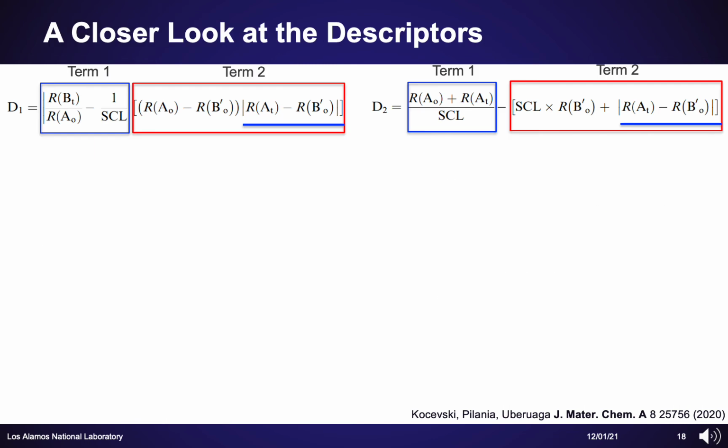To gain a deeper insight into the excellent classification performance, next we take a closer look at the various terms constituting the identified descriptor pair D1, D2. We divide each descriptor in two terms as shown here. The second terms identified for both descriptors D1 and D2 can be visually recognized to be largely dominated by size effects, the original premise that motivated the descriptor analysis in the first place.